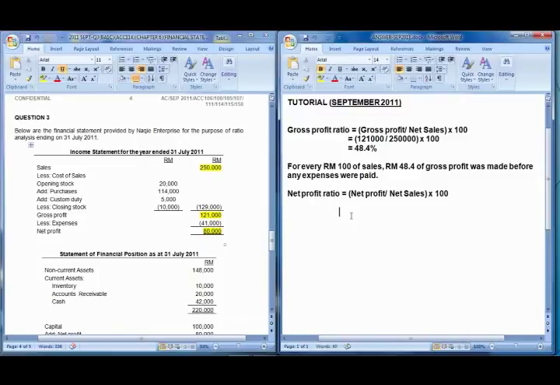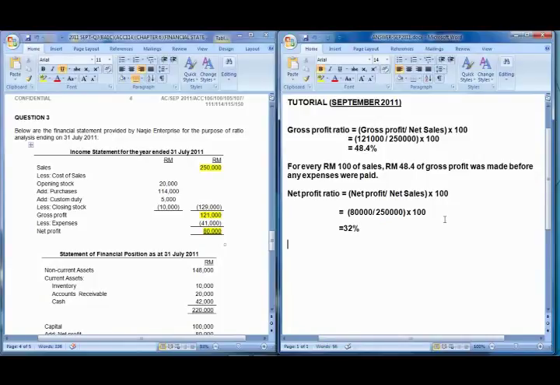So we have 80,000 ringgit as our net profit, divided by 250,000 ringgit as our net sales, times 100. So Azim, can you help me to calculate the answer? Okay. The answer is 32%. So class, the answer is 32%.